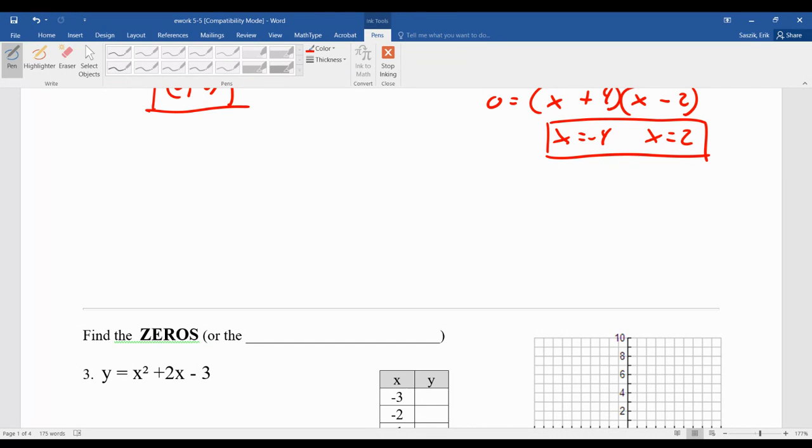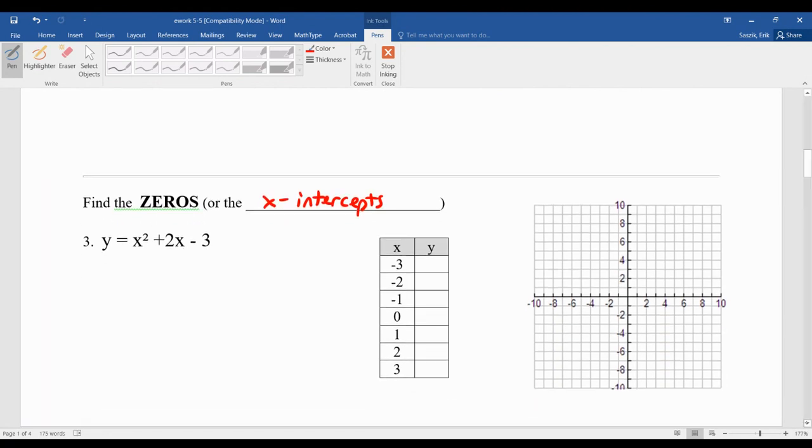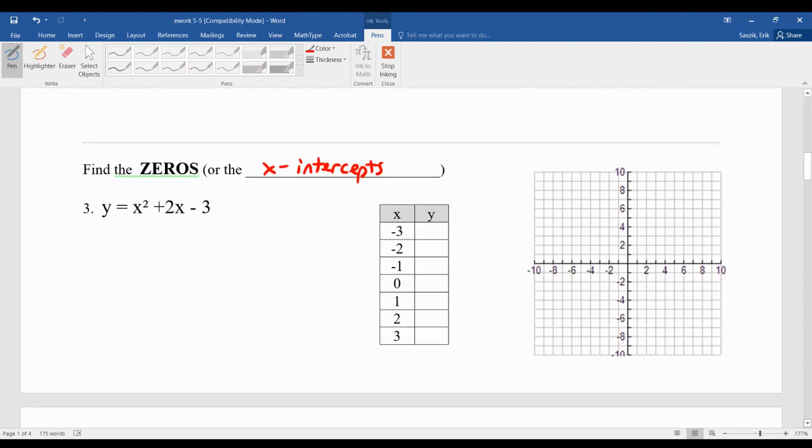All three mean the same thing. So they can be used interchangeably. Okay, I've been saying solutions most of the time and occasionally x-intercepts. I haven't really used the term zeros yet. But the reason why it's called zeros is, of course, the y value of all x-intercepts is 0. All right.